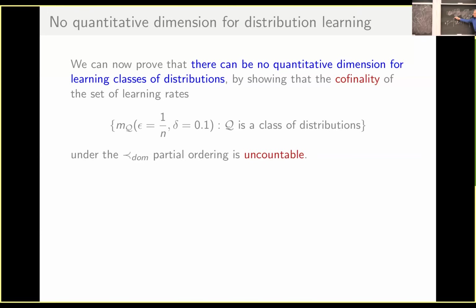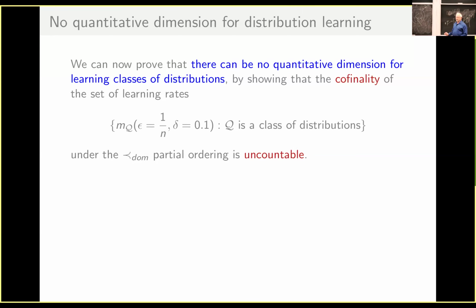If the natural numbers had countable cofinality, I would get that this set has countable cofinality, which is a contradiction. So to finish our proof, we just have to show that this set is cofinal in n to the n. And then we know that there is no dimension.